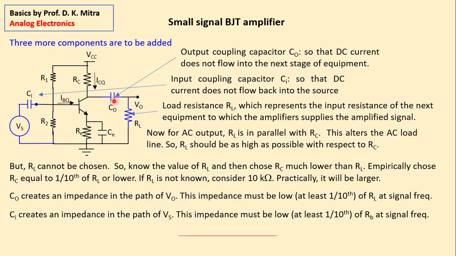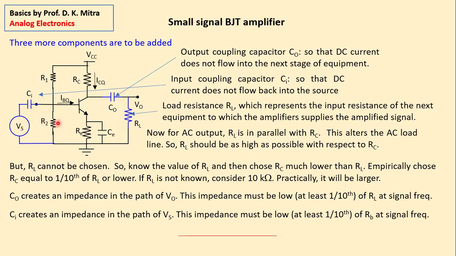And CI also creates an impedance in the path of the signal. That means if it is very high, there will be a smaller signal current, right? And there was a resistance RB here.